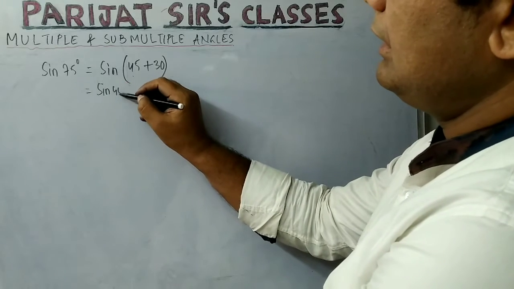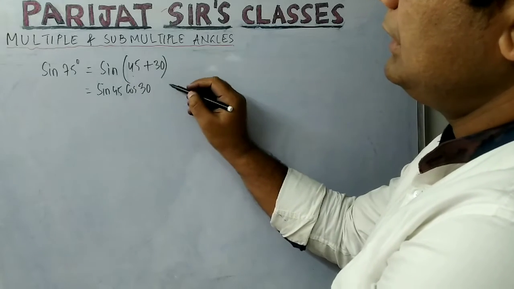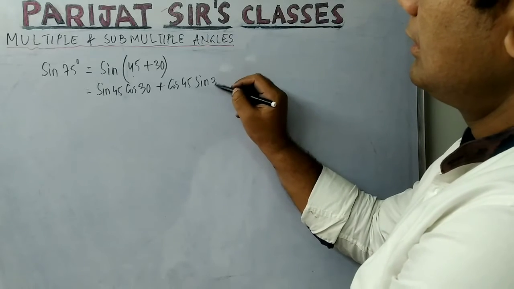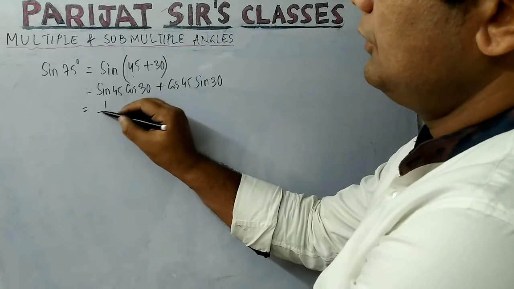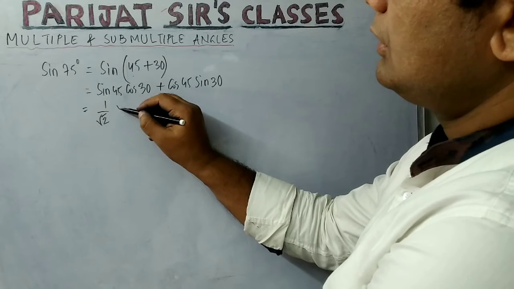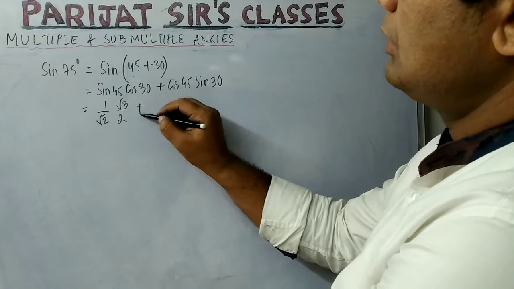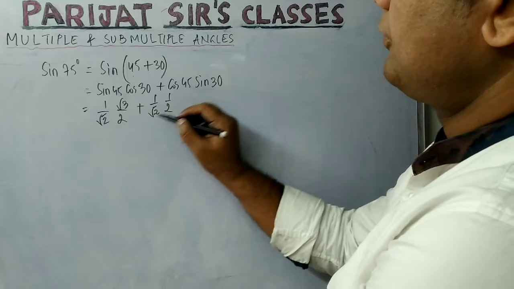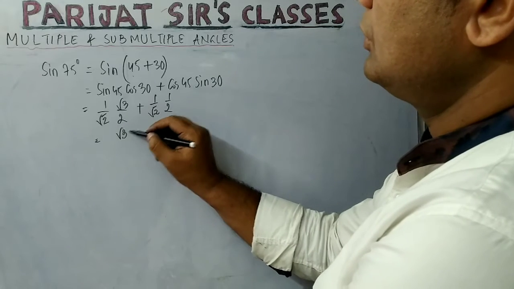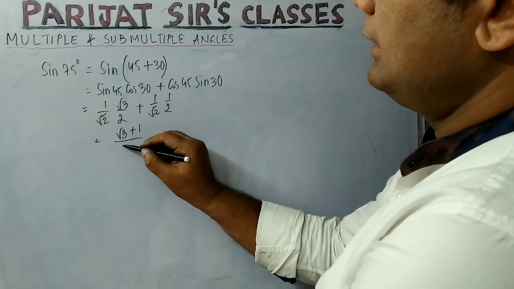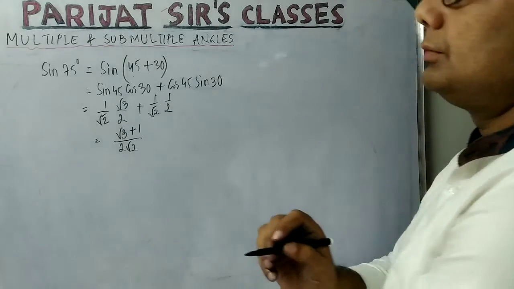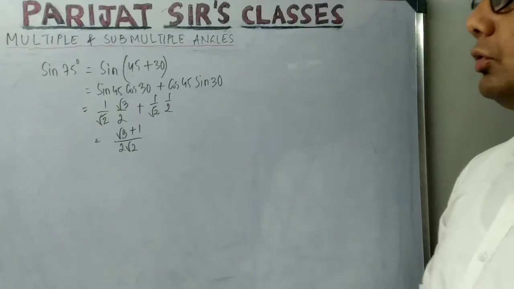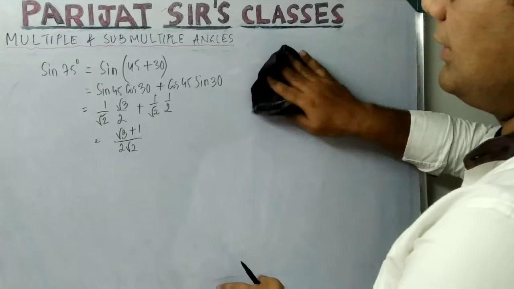So it is sine A cos B plus cos A sine B. Sine 45 is 1 by root 2, cos 30 is root 3 by 2, cos 45 is 1 by root 2 and sine 30 is half. So it is coming out to be root 3 plus 1 by 2 root 2. This is sine 75.